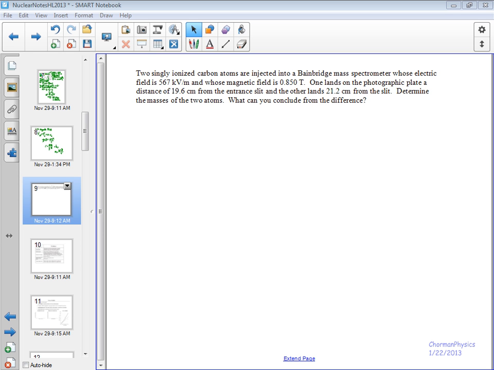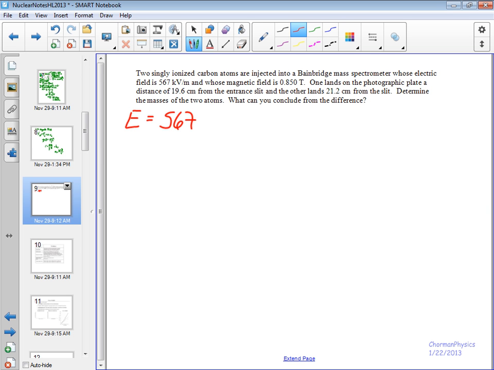So first of all, in order for us to be able to determine the mass of these two particles, we have the strength of the electric field, and we have to be able to find how fast they're moving. Now, the speed at which they should move is going to depend on the ratio of the strengths of these two fields.